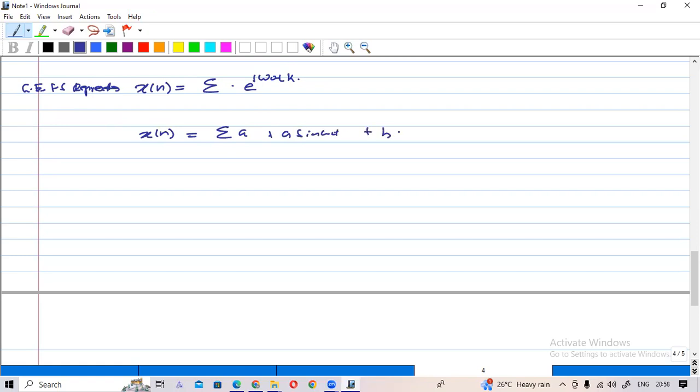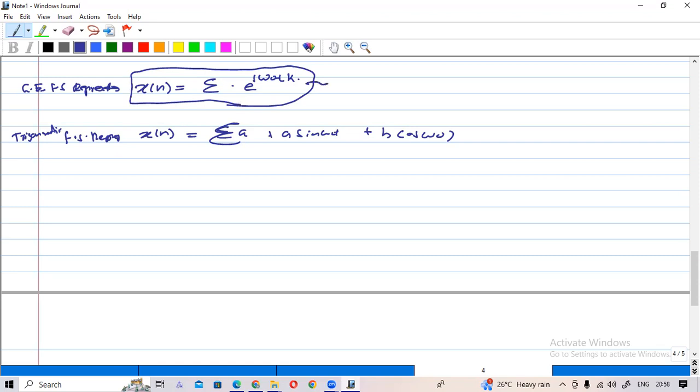We call it the trigonometric Fourier series representation. But mathematically the complex form is somewhat easy, for mathematical purposes.